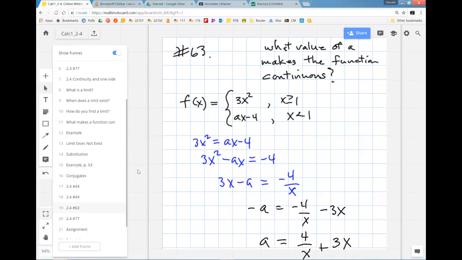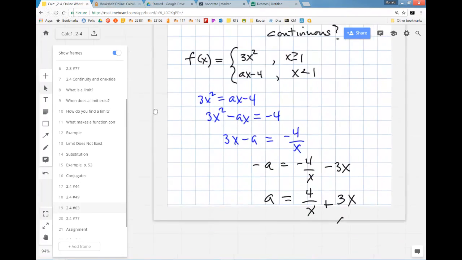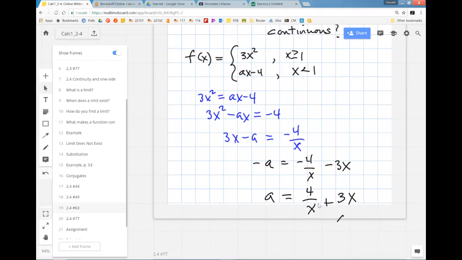What would cause this to be continuous? If the pieces came together, and that would mean when 3x squared equals ax minus 4. So you can find out by literally setting them equal and then solving for a. If you solve for a, it's just a matter of algebra.